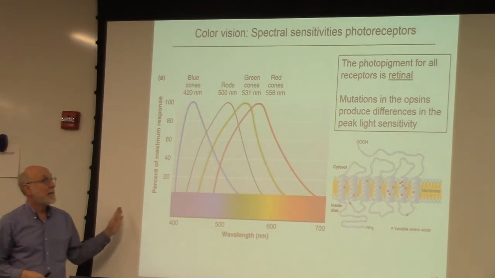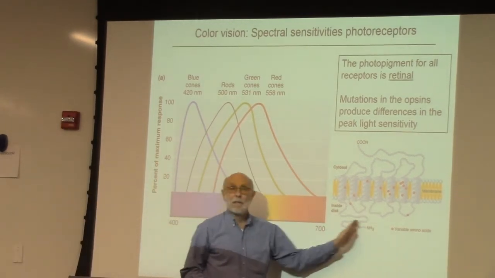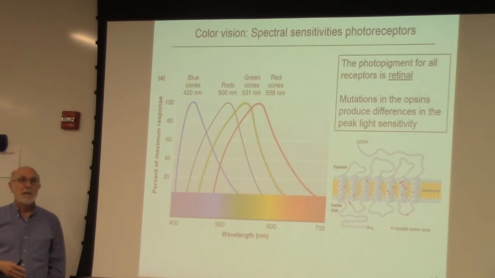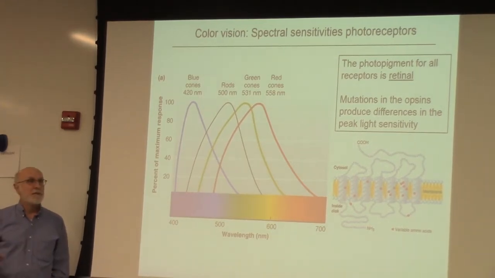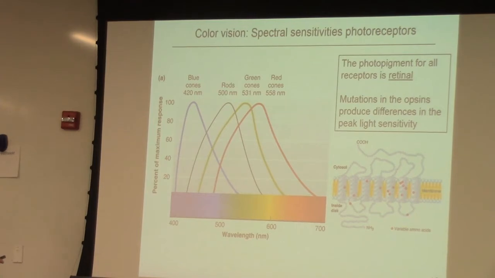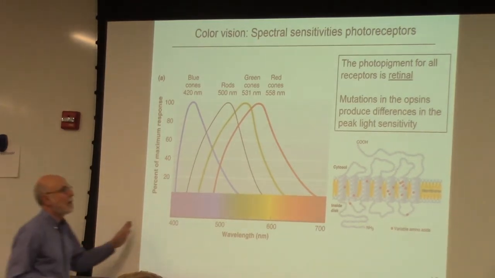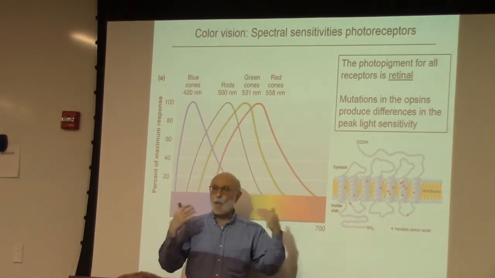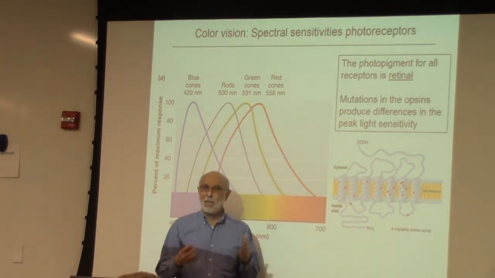Some insects can see in the infrared, some insects can see in the ultraviolet because of different mutations in their opsins. What we call infrared is just because of the way our vision has evolved.